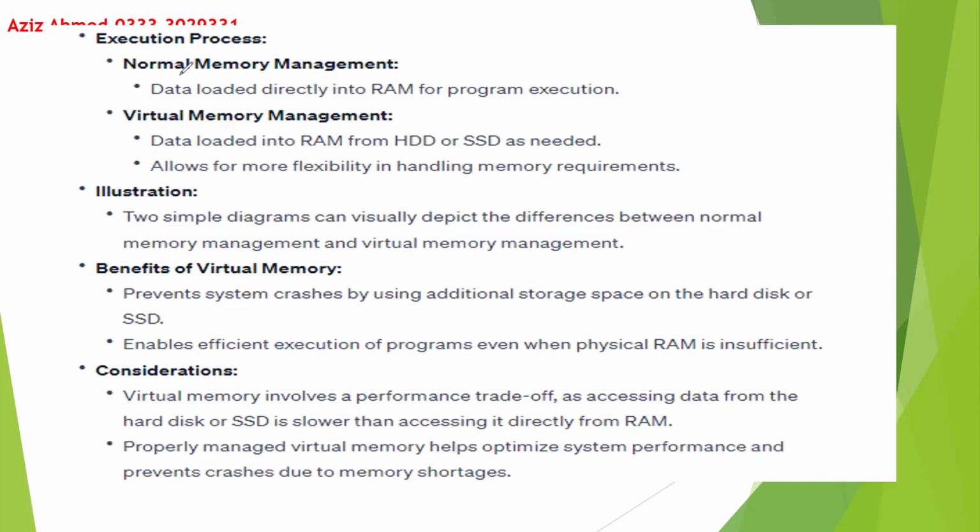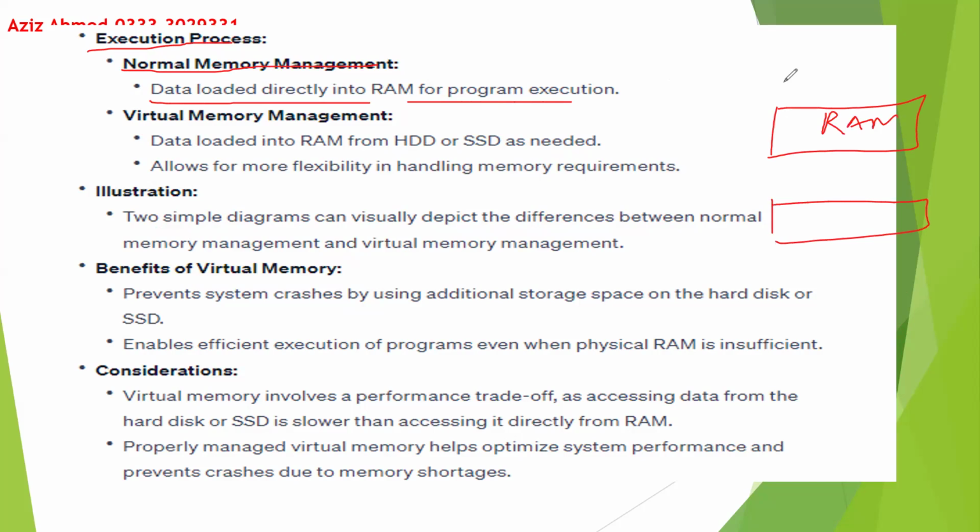Now it says execution process. Normal memory management: data loaded directly into RAM for program execution. It means, if I make again, this is RAM. This is the hard disk. All programs are installed in the hard disk. When you open one, it opens in RAM.